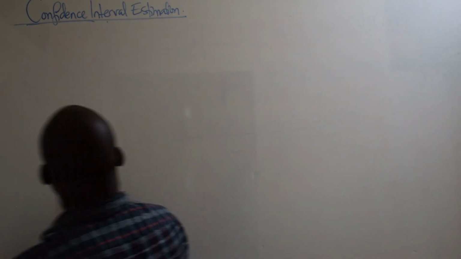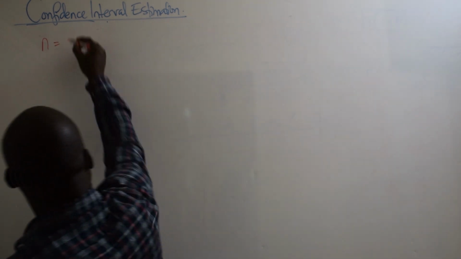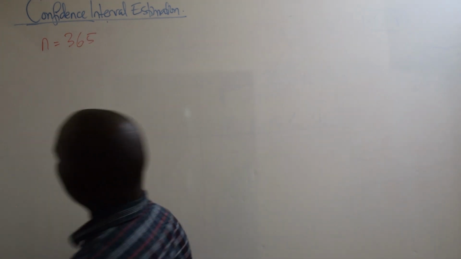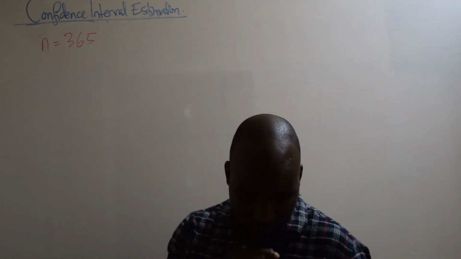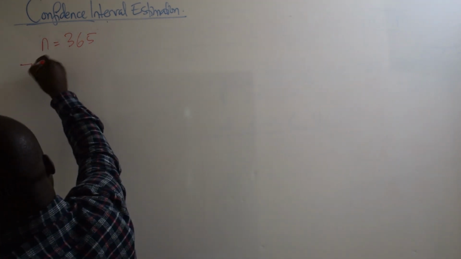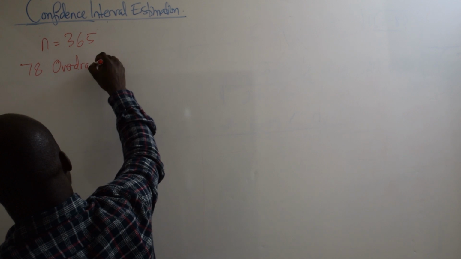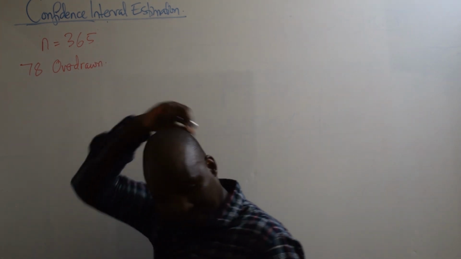So the random sample, your n is equal to 365 check accounts. 78 were overdrawn. 78 are overdrawn. Okay?